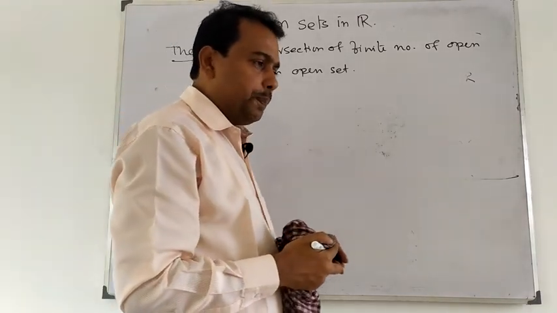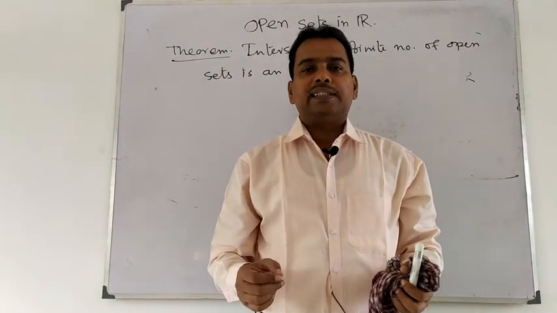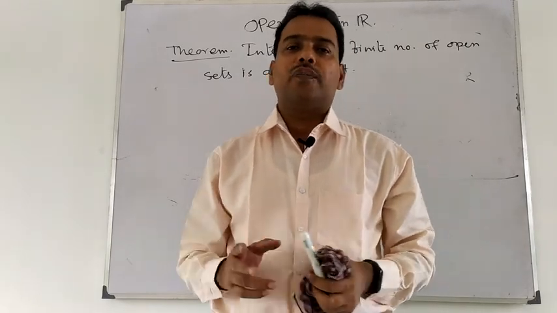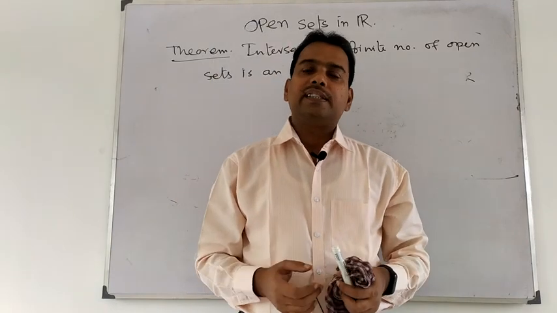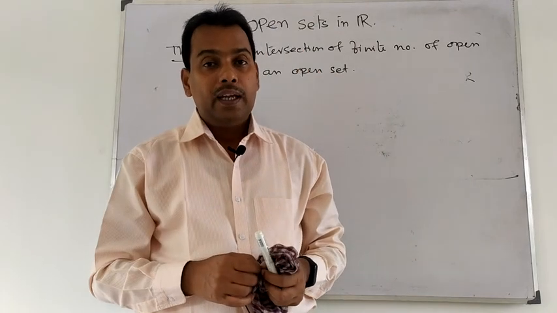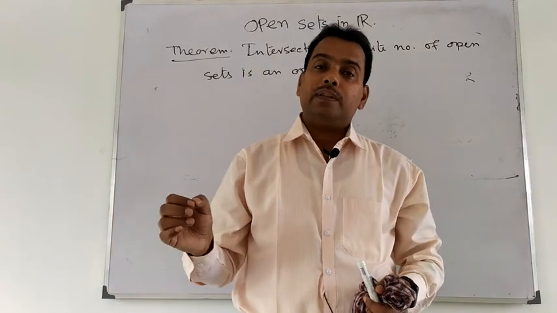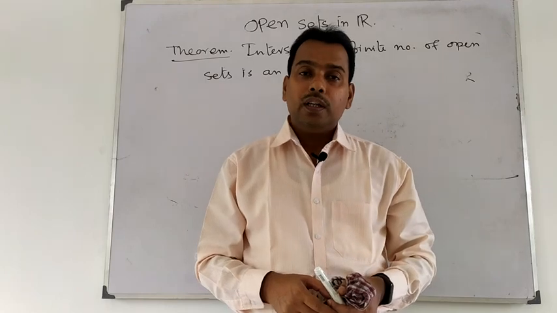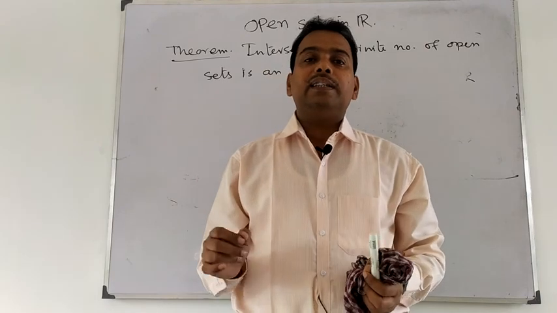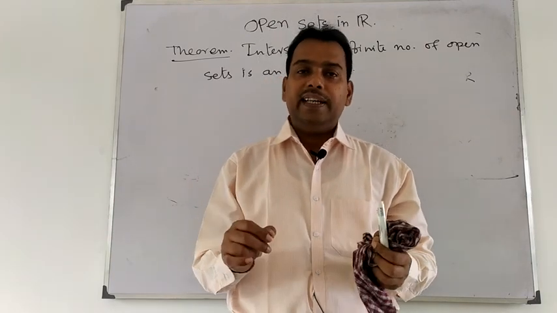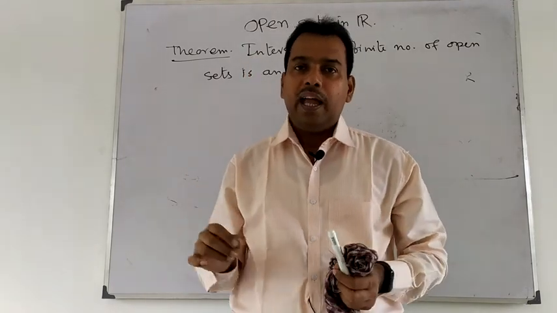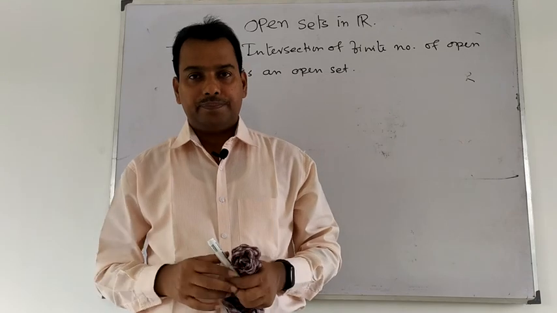The proof is similar. If we take G1, G2, ..., Gn, n open sets, and take G equal to the intersection of these open sets. If G is equal to the empty set, then clearly G is an open set. If G is not equal to the empty set, take any point c from G, then c belongs to G1, G2, and c belongs to Gn also. Since these are all open sets, we get delta 1, delta 2, ..., delta n such that N_delta1(c) is a subset of G1, N_delta2(c) is a subset of G2, and N_deltan(c) is a subset of Gn.